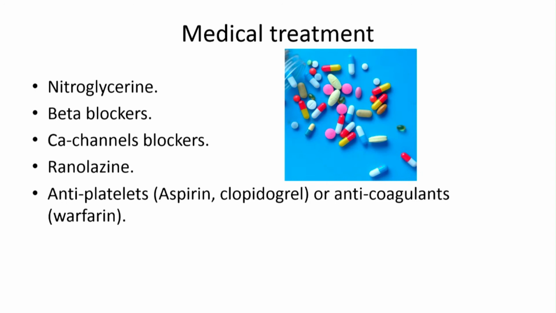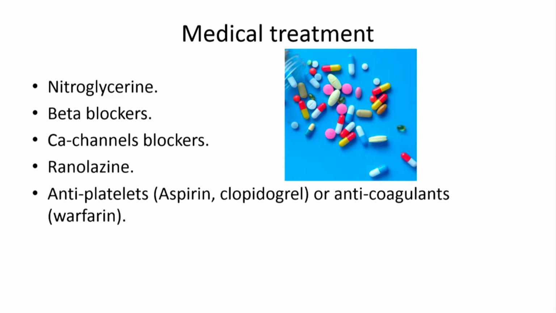Actually, these drugs are antihypertensives, but they could also be used in ischemic heart disease. Ranolazine is one of the anti-anginal drugs and can be used in the treatment of severe pain of angina pectoris.